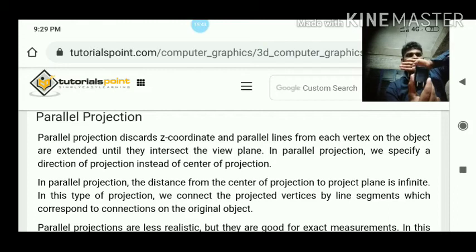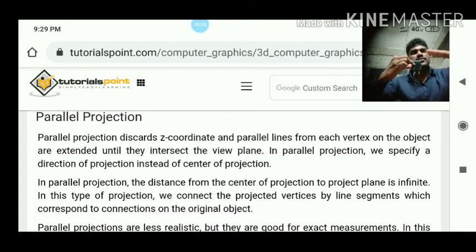Now listen, this is a screen. My hand is a screen and this is an object. What I am telling is that parallel projection means top and bottom. From the top one line is going, and from the bottom one line is going.